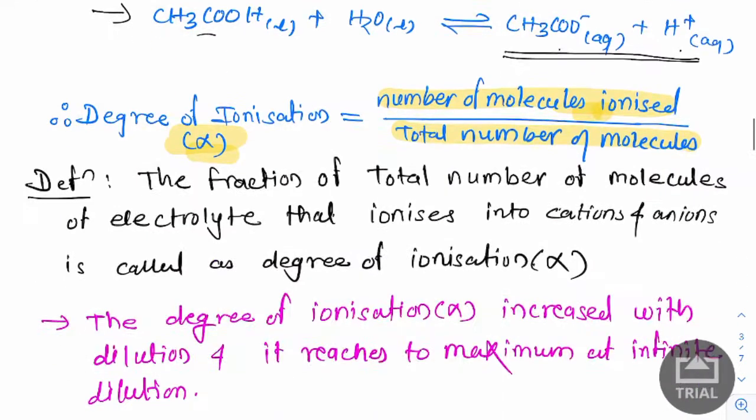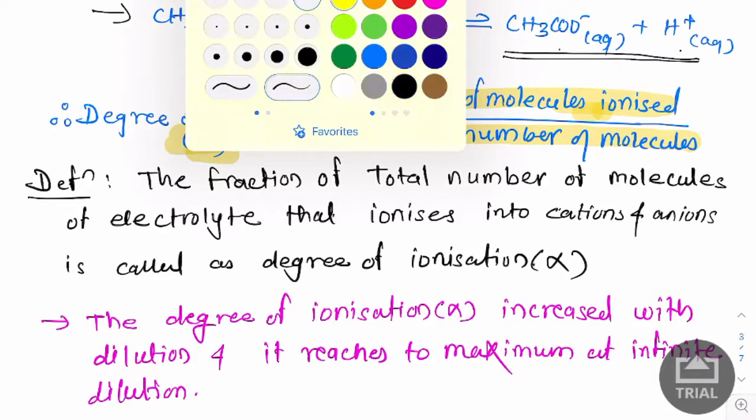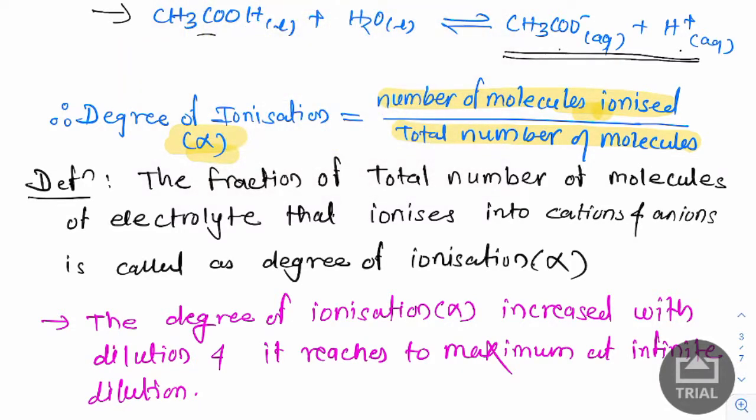It is the fraction of the total number of molecules of an electrolyte that ionizes into cations or anions, and it is shown by the symbol alpha.